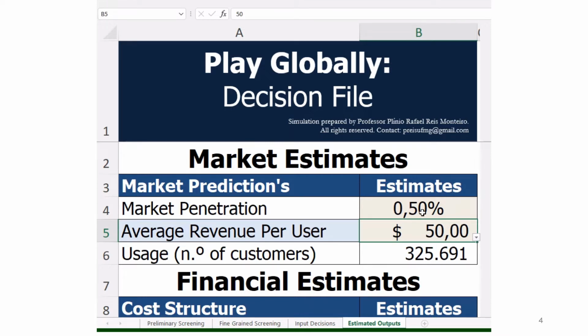First, if you multiply this percentage by the size of the population, you get the number of customers. So if you achieve 0.5% market penetration, you're going to have 325,000 customers in the target market. And what will your market revenues be? Basically, you need to multiply this number of customers by the average revenue per user.